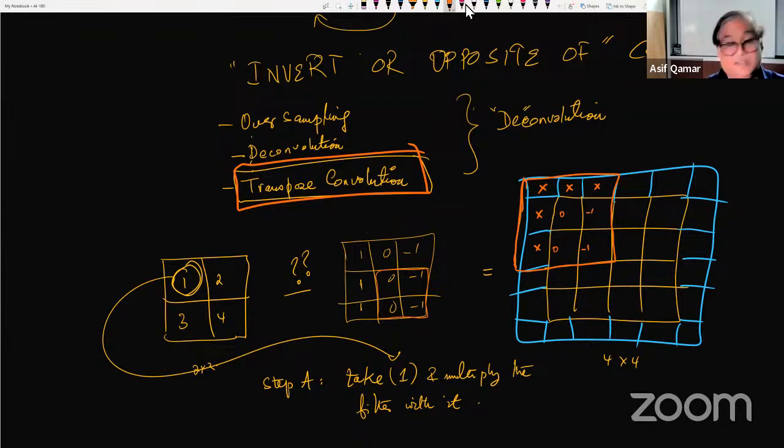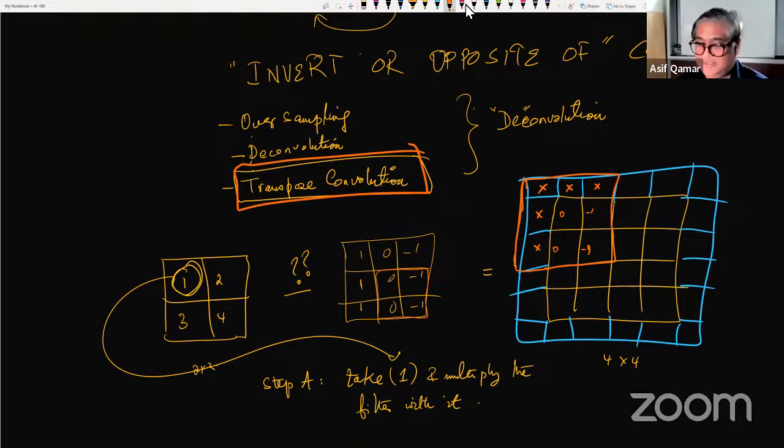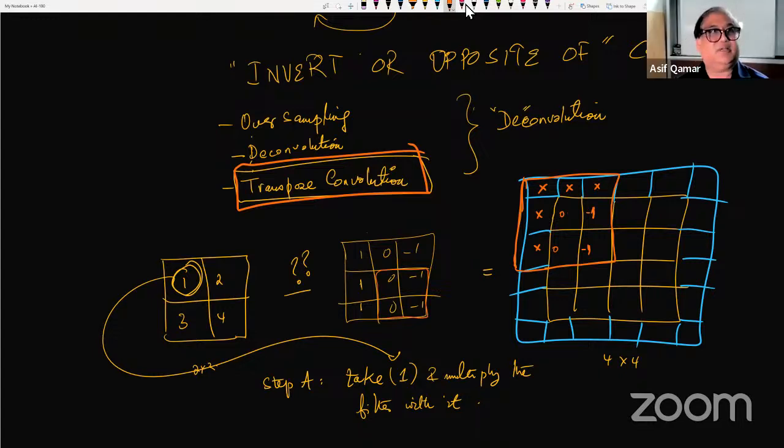Are we together? So the top middle value should be 0, right? 1 into 0. The top row, the middle element. No, but I'm saying ignore it. Whatever it is, ignore it. If it is in the padding zone, ignore it.